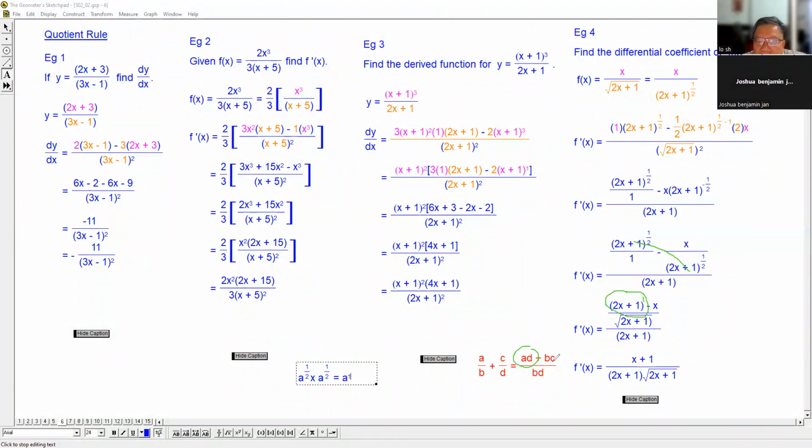So now the next step is B times C. This is B and this is C. 1 times x is x. Okay, so far? Then the denominator is BD. This is B, this is D. B times D is this.